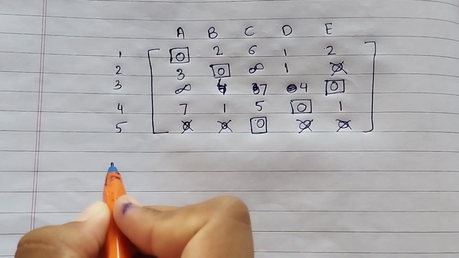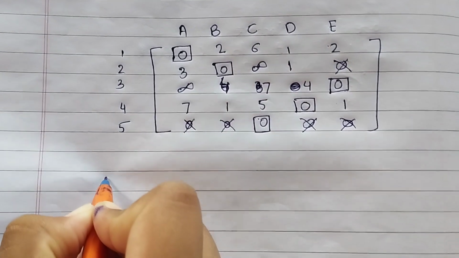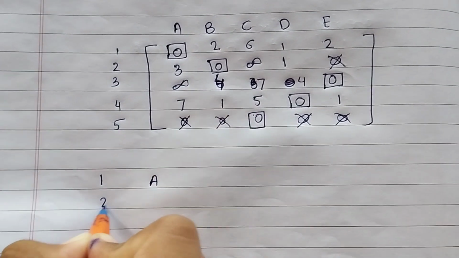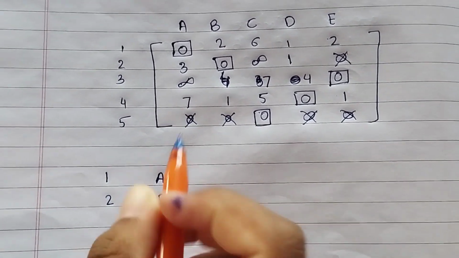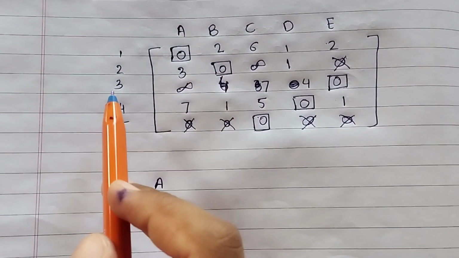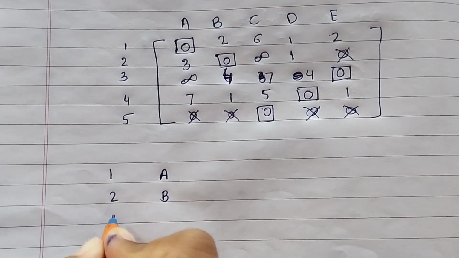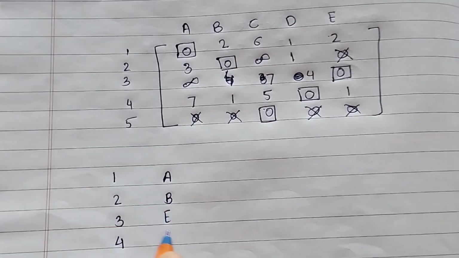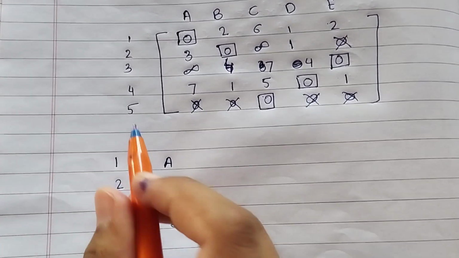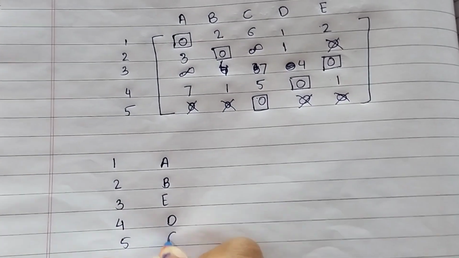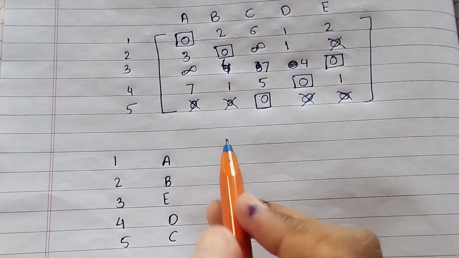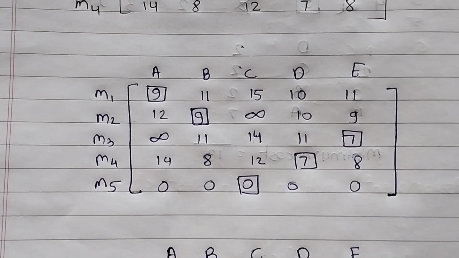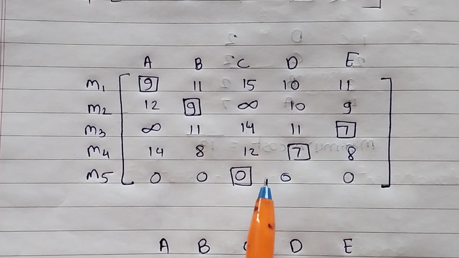So we write here the schedule. For 1 we assign A, for 2 we assign B, for 3 we assign E, for 4 we assign D, and for 5 we assign C. And now we write the costs from the cost matrix: 9, 9, 7, 7, 0.